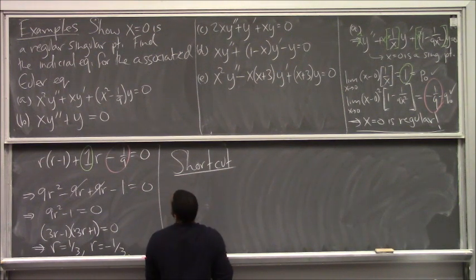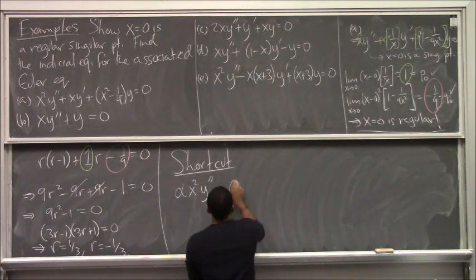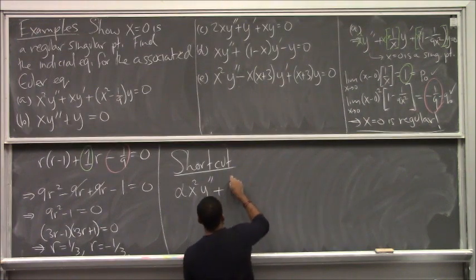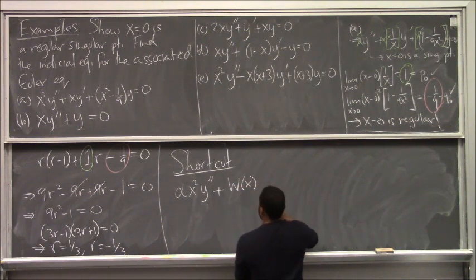Let's say you can get the first term to behave. So let's say you have alpha x squared y double prime plus, not even beta, just forget it, some other random function, whatever I want to call it.